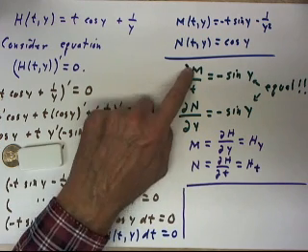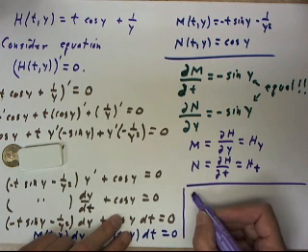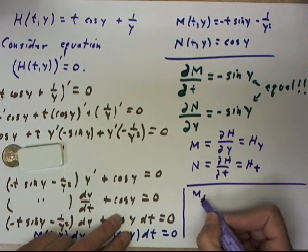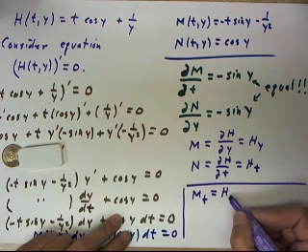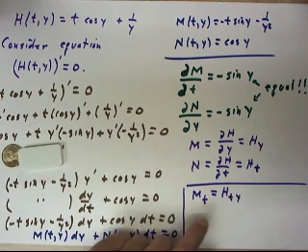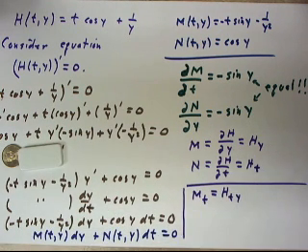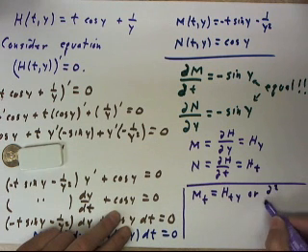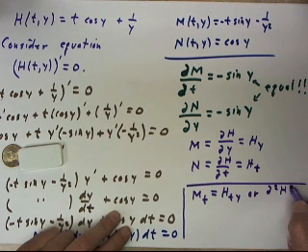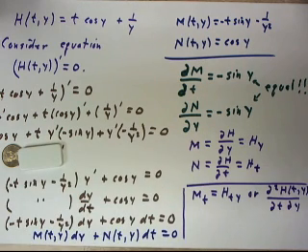It follows that the derivative of M with respect to t is the derivative of h with respect to t and with respect to y, the second partial derivative of h of t,y with respect to t and y.